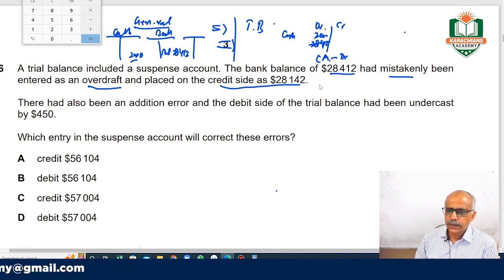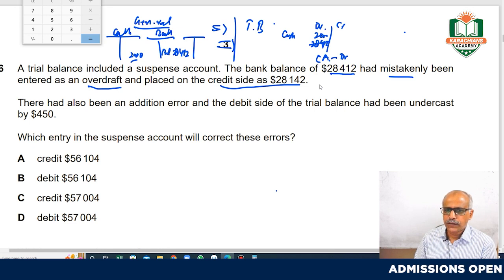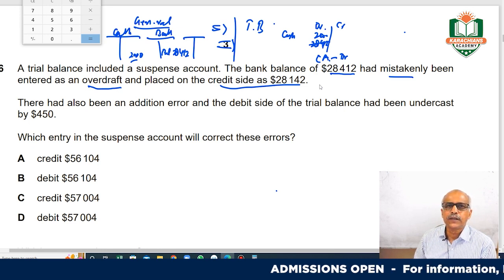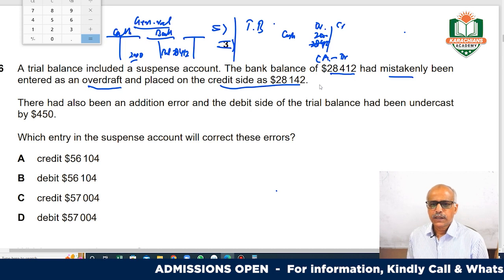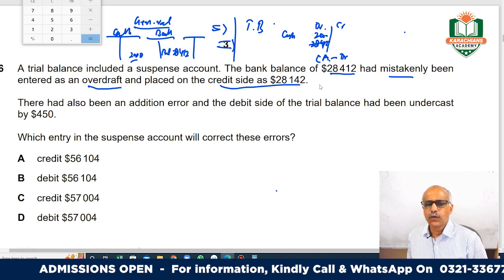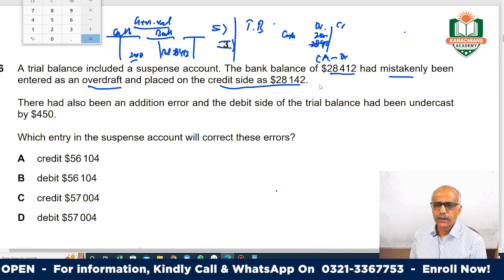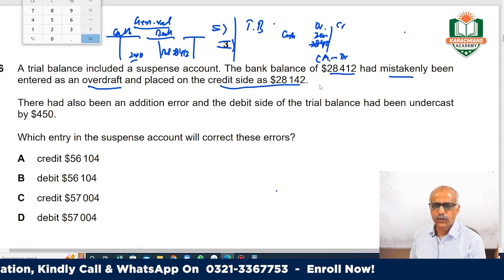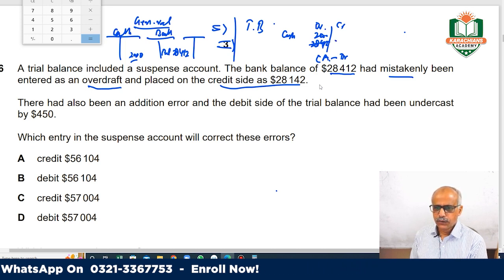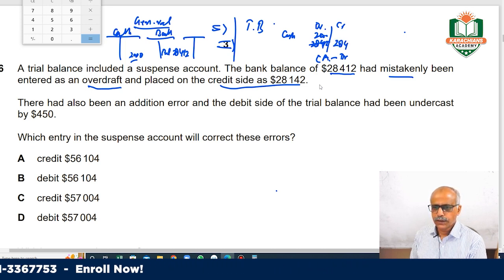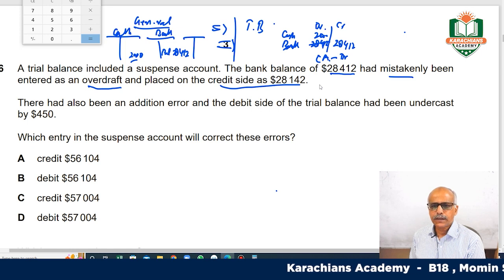What mistake did you make? When you were writing the balances in the trial balance, when you were making the list of all balances, which is your trial balance, you put the figure on the wrong side. You put it here, 48,412 bank. Due to this, what happened?